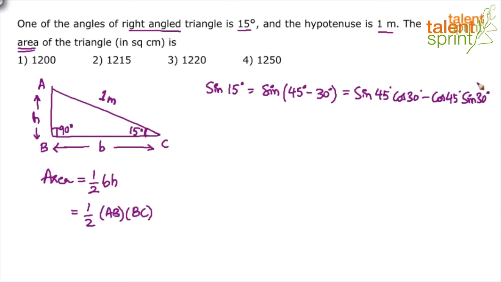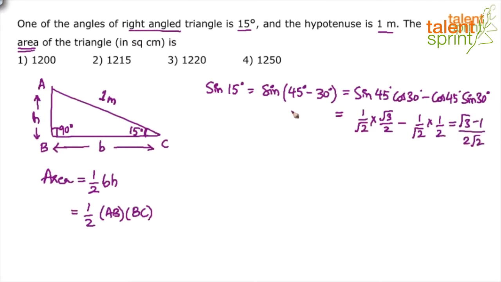Now you know all these values. Sine 45 is 1 by root 2, cos 30 is root 3 by 2, cos 45 is 1 by root 2, sine 30 is 1 by 2. So this is root 3 minus 1 by 2 root 2.